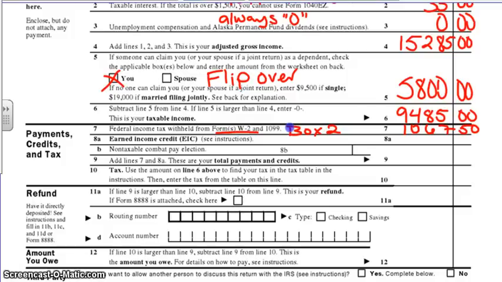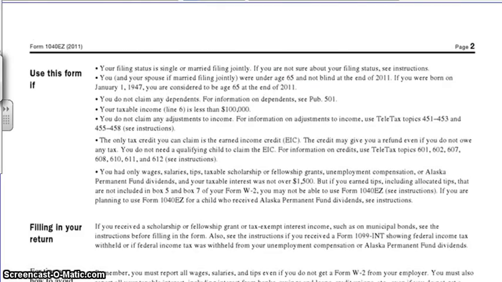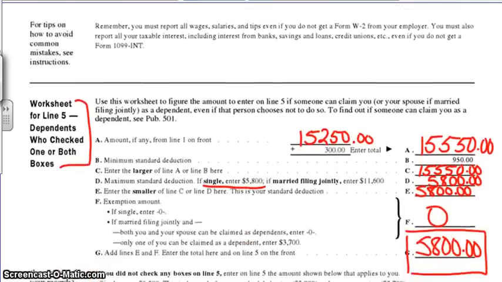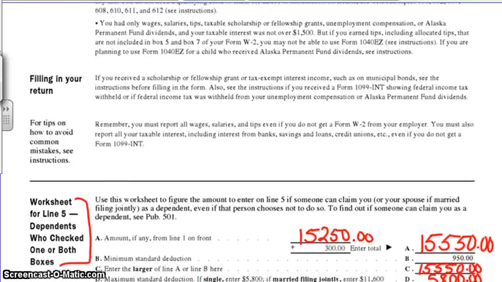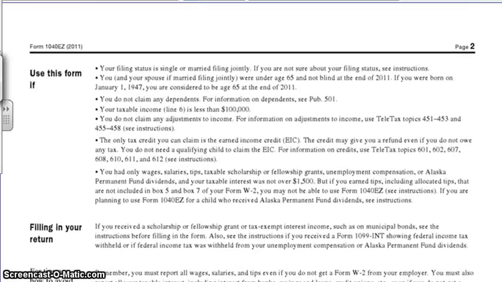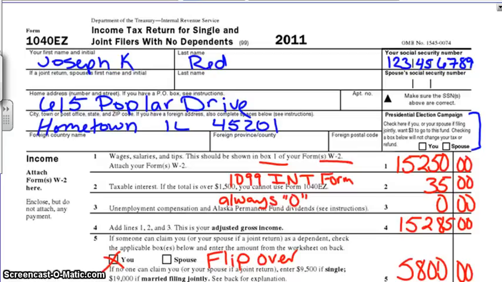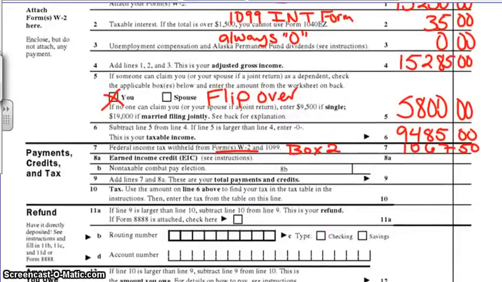So that $1,067.50 gets added there. Any earned income credit, okay? We do not qualify for this because if you take a look at the back side again, it has a section for earned income credit. Basically, if you are a dependent, you are not able to claim earned income credit. So we're going to say that line 8 is always going to be 0. I'm just going to make a little note, always 0.